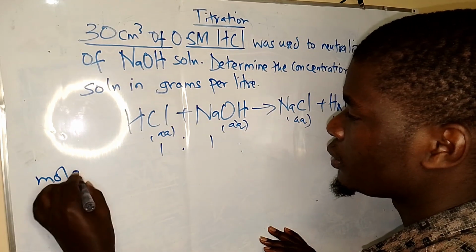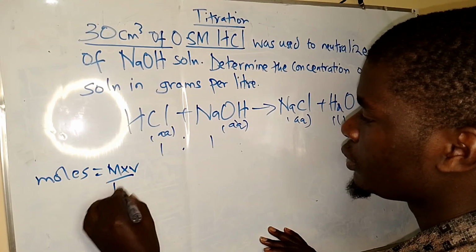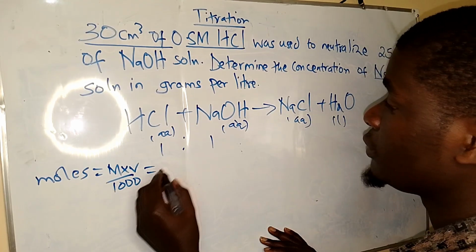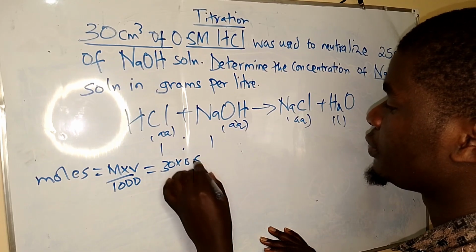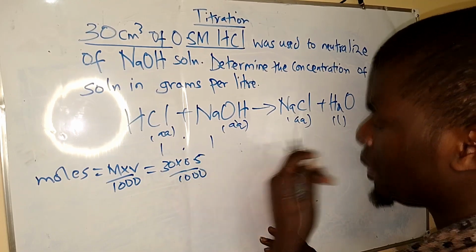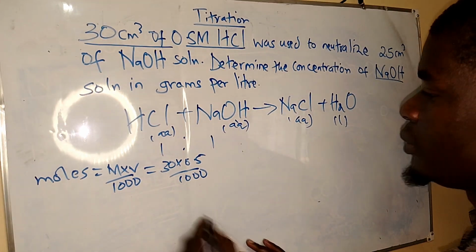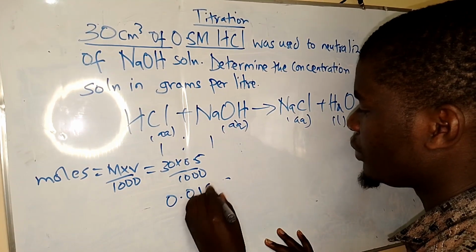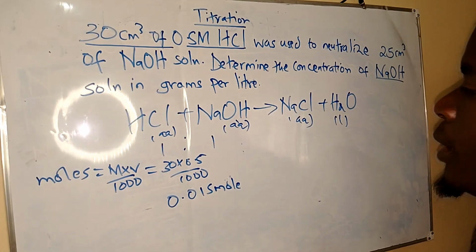Moles equals molarity times volume divided by 1000, which is 30 times 0.5 divided by 1000, which equals 0.015 moles.